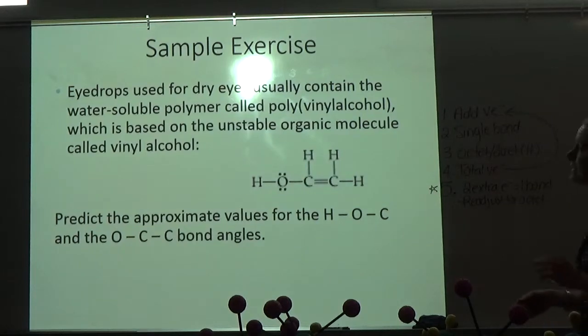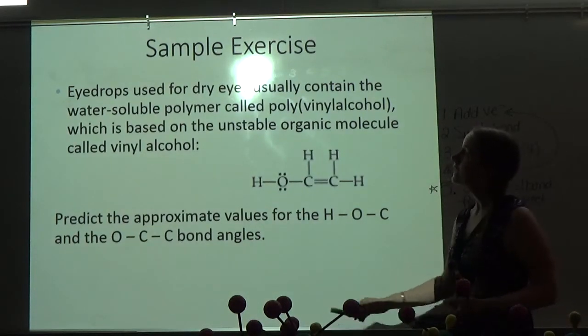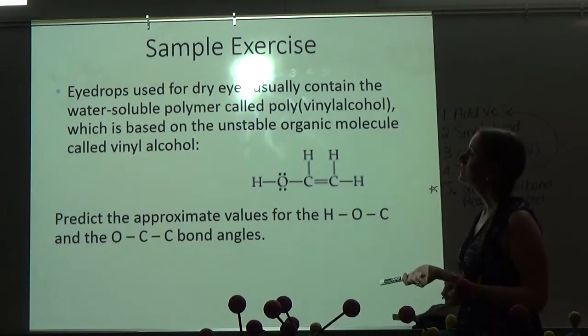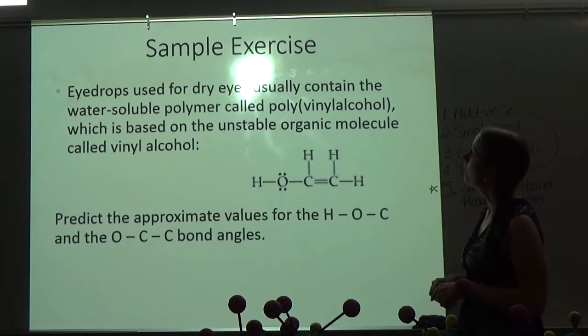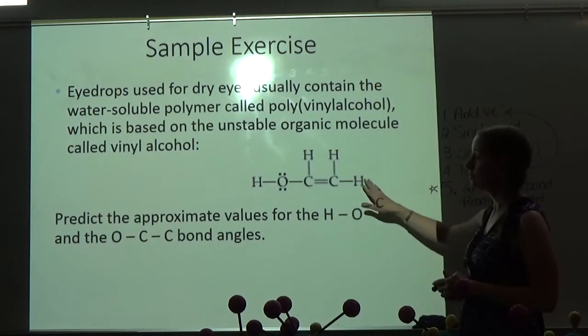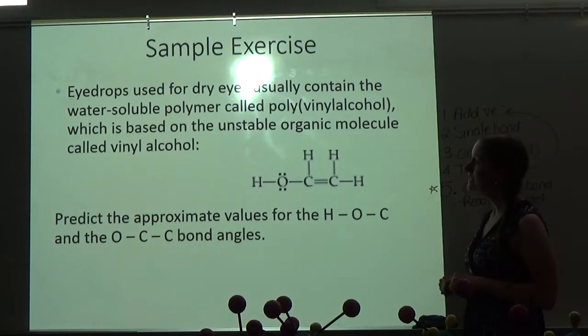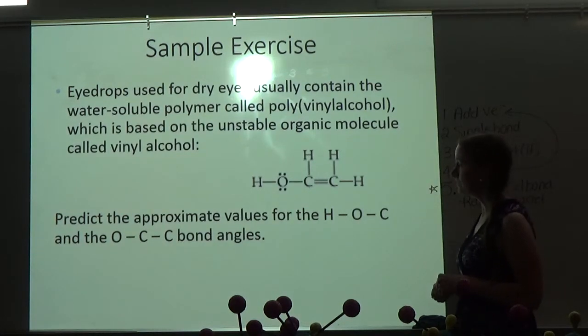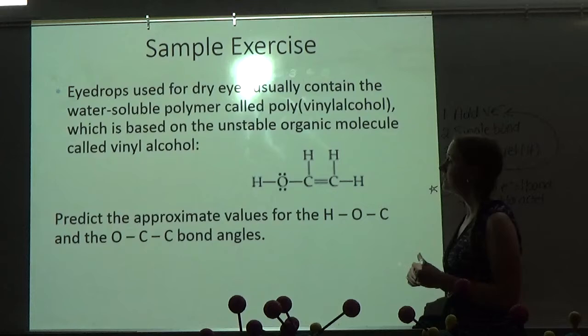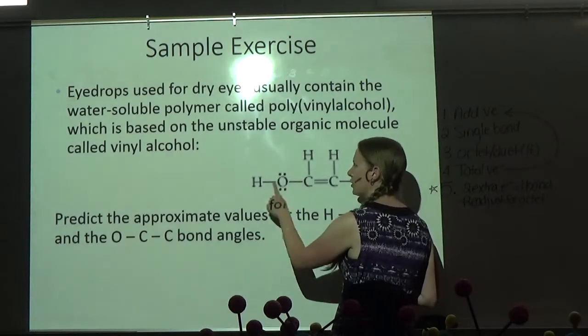So let's go ahead and look at the sample exercise. It says, eye drops used for dry eyes usually contain the water-soluble polymer called polyvinyl alcohol, which is based on the unstable organic molecule called vinyl alcohol, which is right here. Predict the approximate values for the HOC and the OCC bond angles. We have HOC, so in other words, we're looking right here.